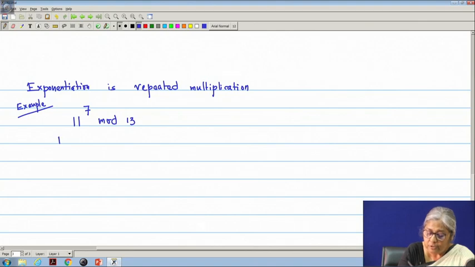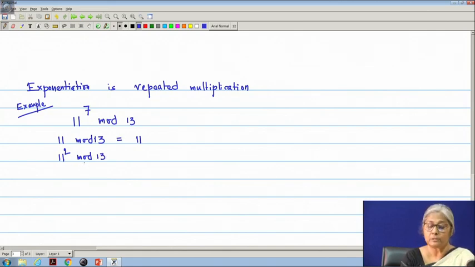I write my 11 modulo 13 is nothing but 11, because 11 is less than 13, remainder should be 11 only. But 11 square modulo 13, if I apply multiplication, that means it is 11 mod 13 into 11 mod 13, all mod 13. So, each one will be 121 modulo 13.